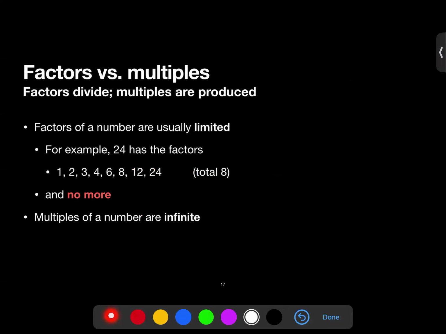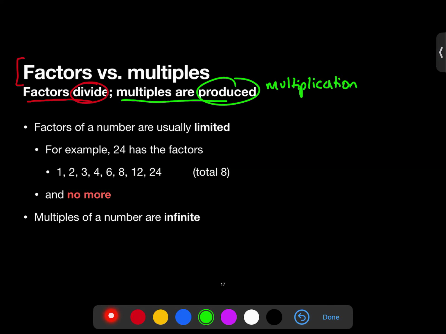So again, here is a little bit more on factors versus multiples. So remember, factors are division and multiples are multiplication. So one thing to understand is the factors of a number usually are limited.